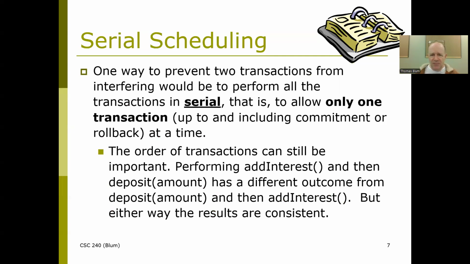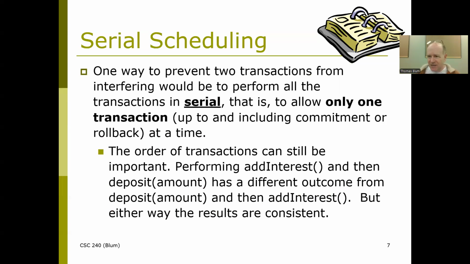So the simplest way is to just do everything serially: have transactions, all their steps, keep them atomic, and just do one and then do the next one in serial, all the steps. So we're only doing one transaction at a time.